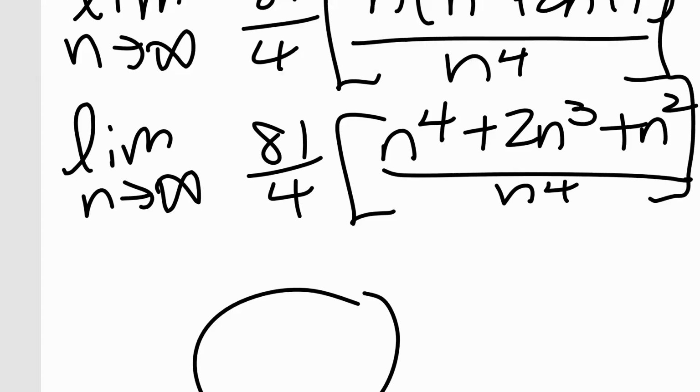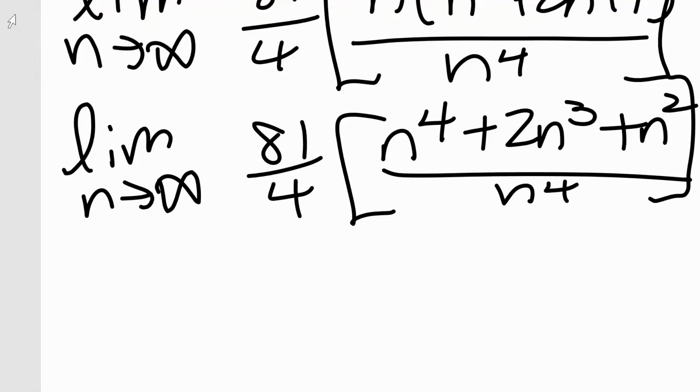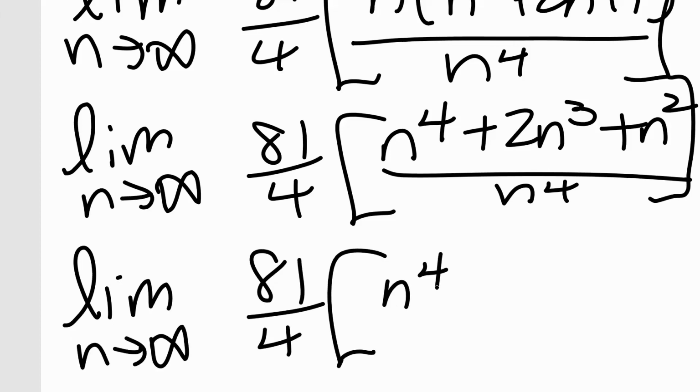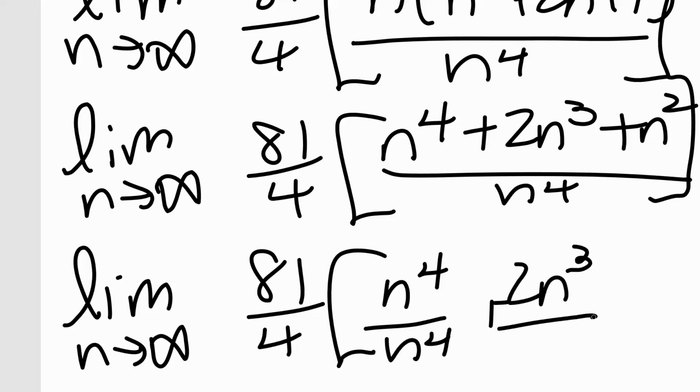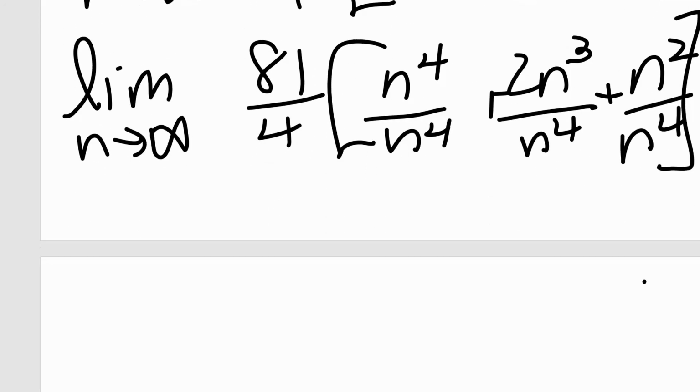All right. Now that we've done that, I can go ahead and simplify that into 3 smaller fractions. So I get the limit as n goes to infinity of 81/4 times n to the 4th over n to the 4th plus 2n cubed over n to the 4th plus n squared over n to the 4th. And now I can simplify each one of those smaller fractions.